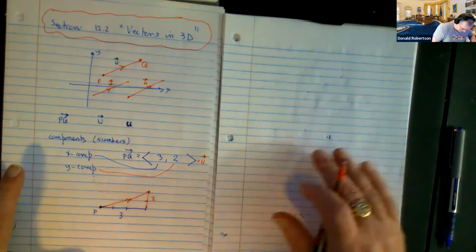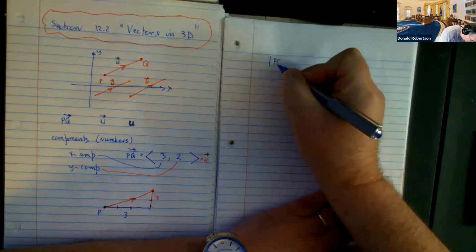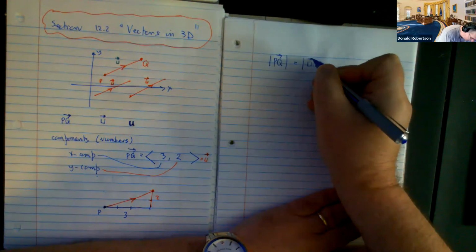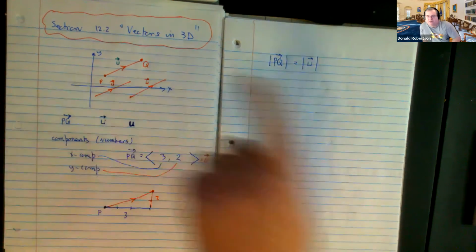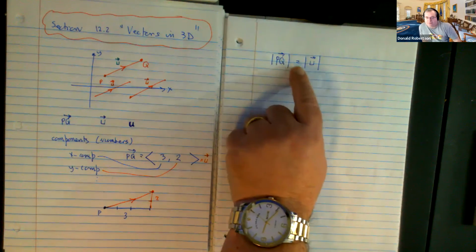Now, vectors have a direction to them. You're pointing up the way, in this case, left to right. And they also have some other properties. When I write that down, what am I finding about this vector? The length.